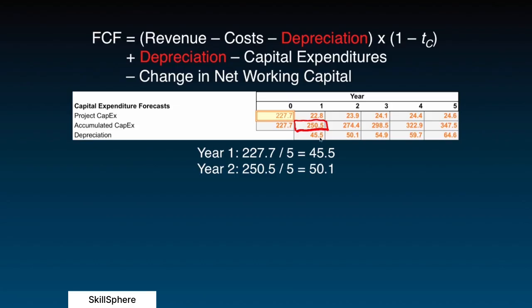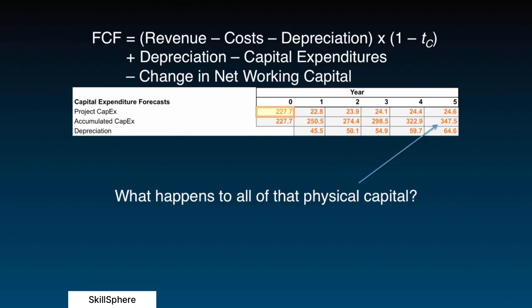And again, what's really going on is that this capital stock is depreciating by another 20%, and then this depreciates by 20%. So we add those two to get the 50.1. We continue that on, and we get our depreciation series.